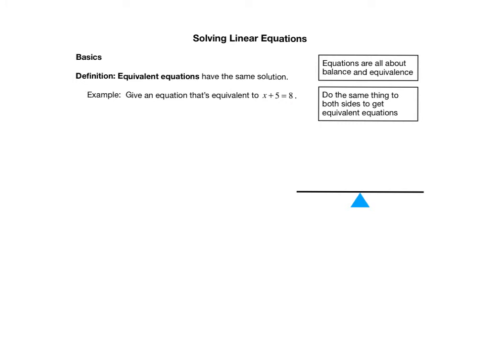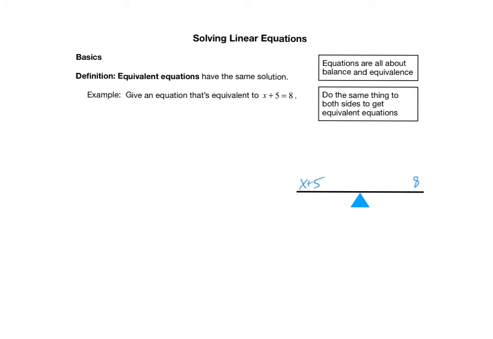However, we're not going to just fumble around and try to figure out equations that have a solution of 3. We're going to keep this idea in mind because this is going to be an essential strategy for solving linear equations. We want to do the same thing to both sides to get equivalent equations, because we think about equations as balanced. So x + 5 and 8 are essentially the same weight.